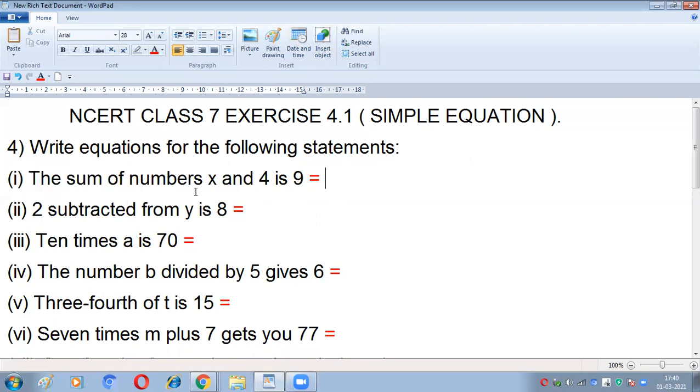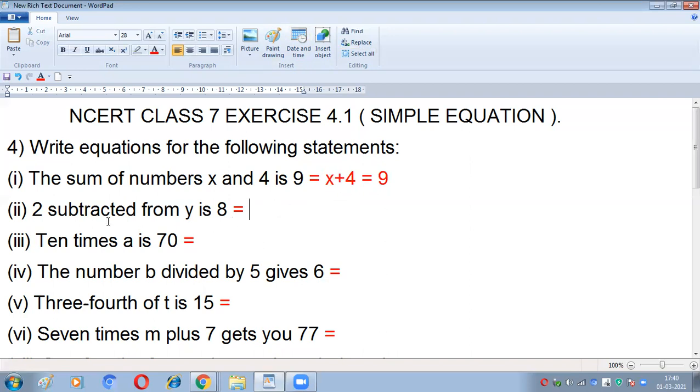So the sum of number x and 4, that means x plus 4. x plus 4 is 9. That means x plus 4 is equal to 9. So here is the answer, x plus 4 is equals to 9.